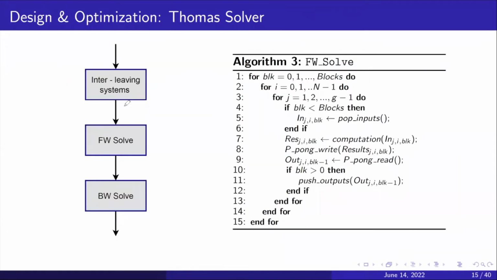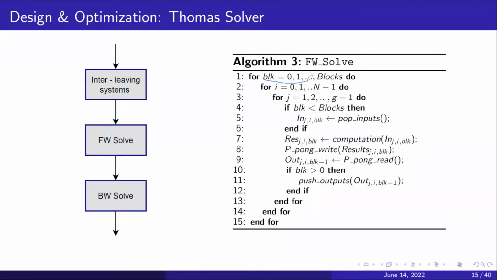Here, we are going to see how an optimized Thomas solver can be implemented. As we mentioned previously, systems need to be interleaved, and it will require an additional loop if systems come sequentially from a FIFO. These 3 loops can be implemented as 3 hardware modules on FPGA, and all 3 modules will work in parallel.